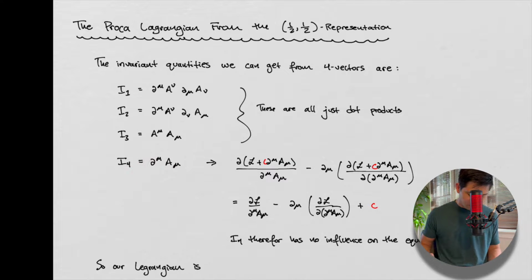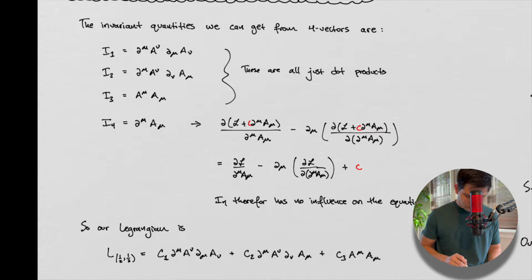This guy here is a little bit weird. Let's take a look at this guy, because suppose we had a constant in front of this guy here. So our Lagrangian plus this term, we apply the Euler-Lagrange equations, and when we do that, the derivative of this with respect to A_mu is just going to be 0.